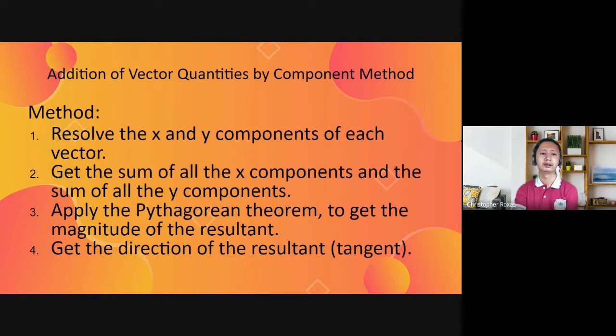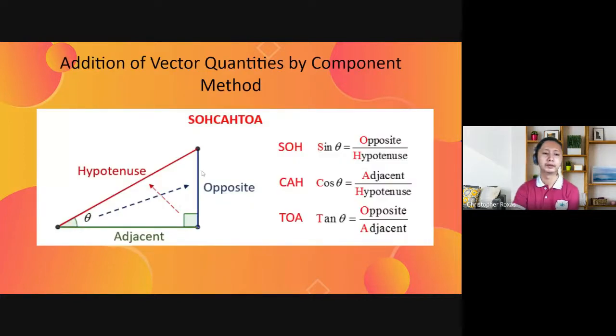So, going back to our right triangle, in the component method, we consider that the hypotenuse is our vector. Okay? And therefore, you will have a right triangle. And a right triangle always has two legs. One leg is horizontal, the other leg is vertical.